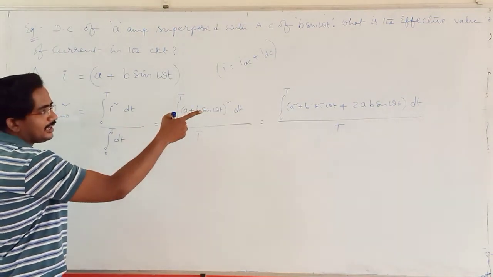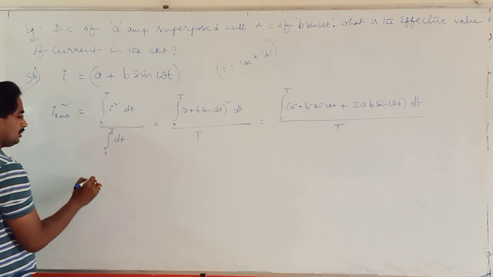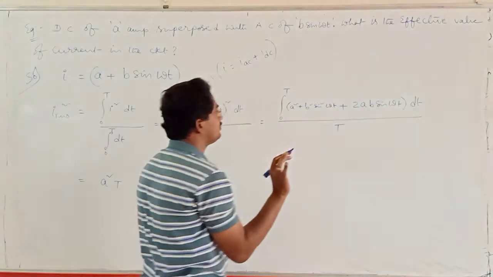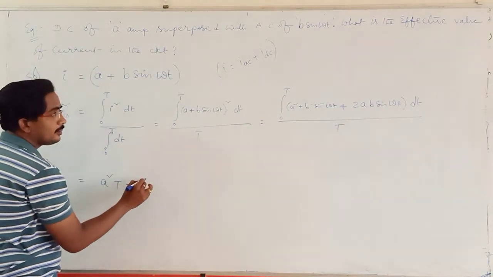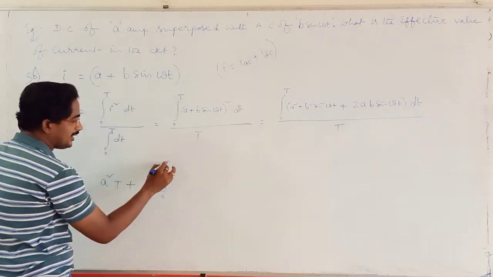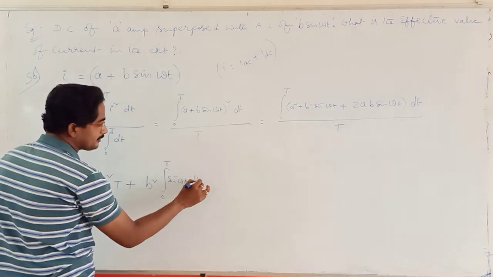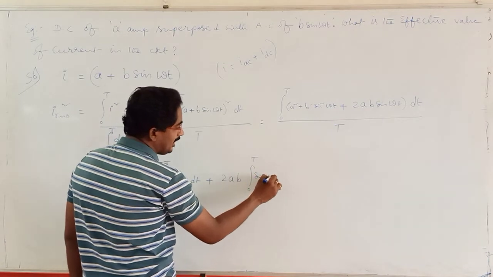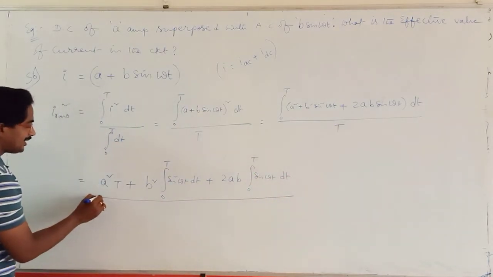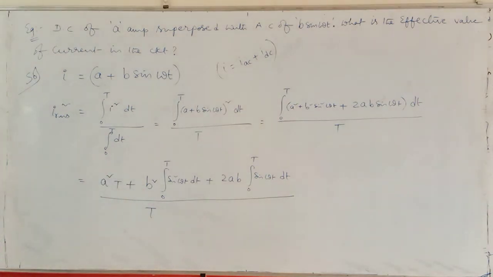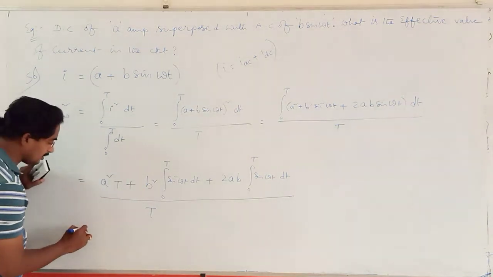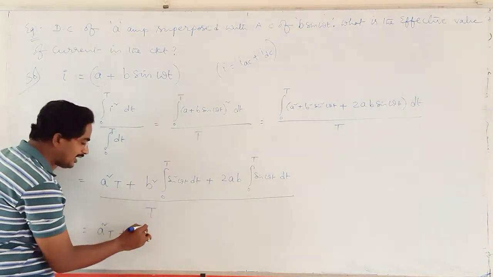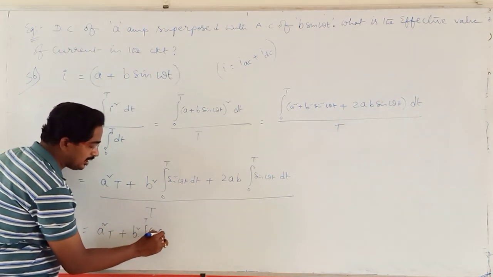A square into T, directly writing here, since integral dt means T, plus B square into integral 0 to T of sin square omega t dt, plus 2AB integral 0 to T of sin omega t dt, divided by T. Sin square omega t means half of 1 minus cos 2 omega t.